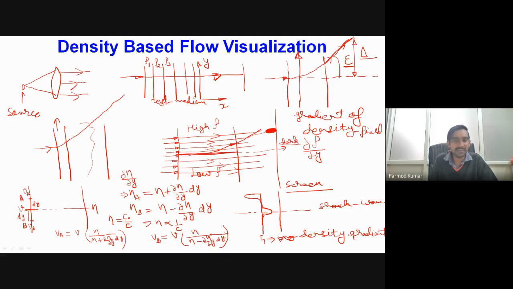You can see that the denominator corresponding to VB is less and the other is more. So I can clearly say that the velocity of beam B will be greater than the velocity of light ray A.